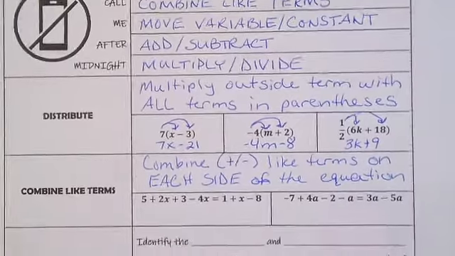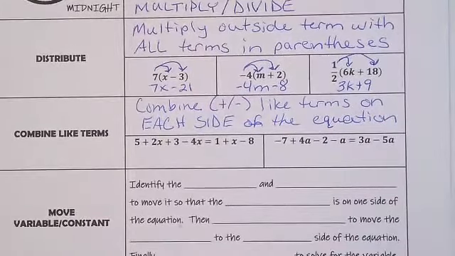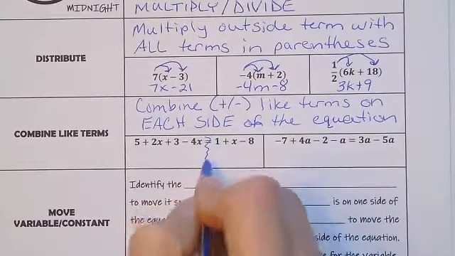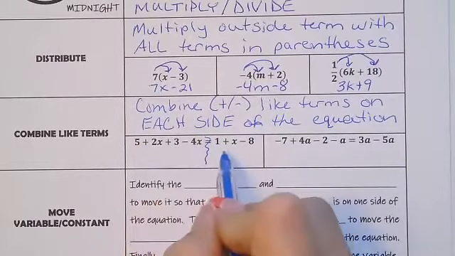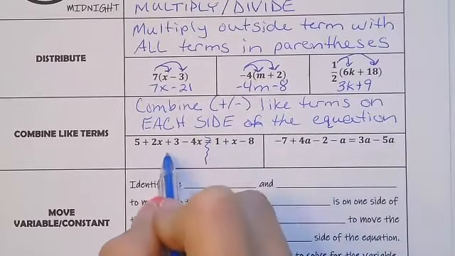All right, so we have these two examples. So first of all, this is one side of my equation, and I know that this is the other. So I'm only going to look on one side at a time.